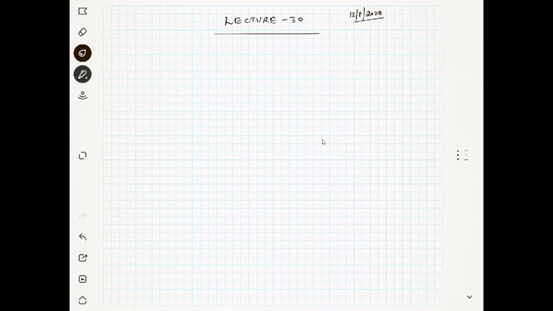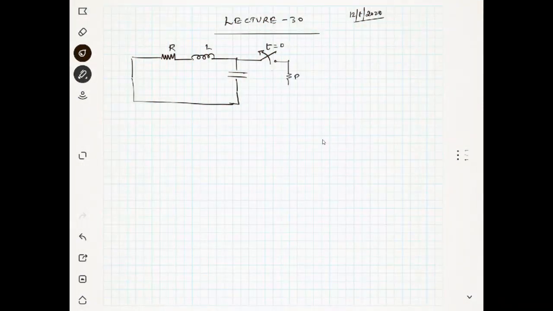For example, you have an RLC circuit which has a resistor, inductor, and a capacitor, and suppose you charge the capacitor by using a switch. At time t equal to 0 you open it, using some source Vs, or V0 you can say.